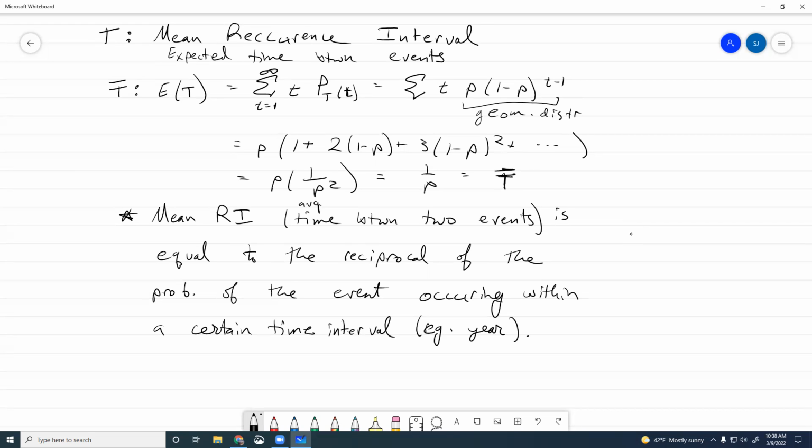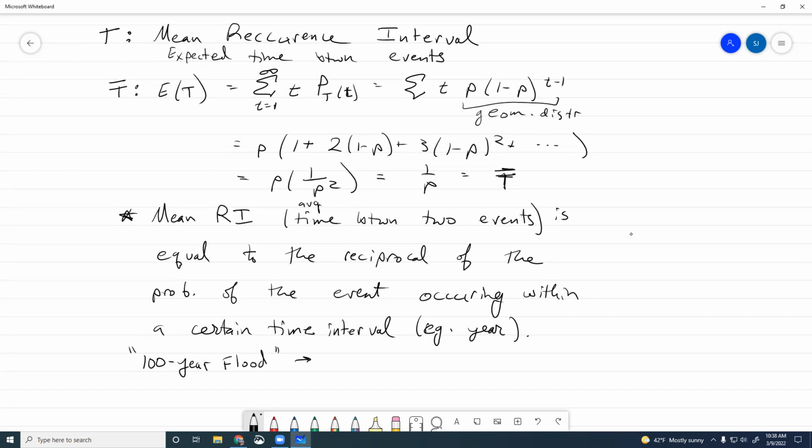So that's interesting, right? What we're saying is, if a flood has a certain probability of occurring, say, maybe you've heard of the 100-year flood. Have you guys heard of that? This is what's going on behind that. The 100-year flood means T is 100 years.